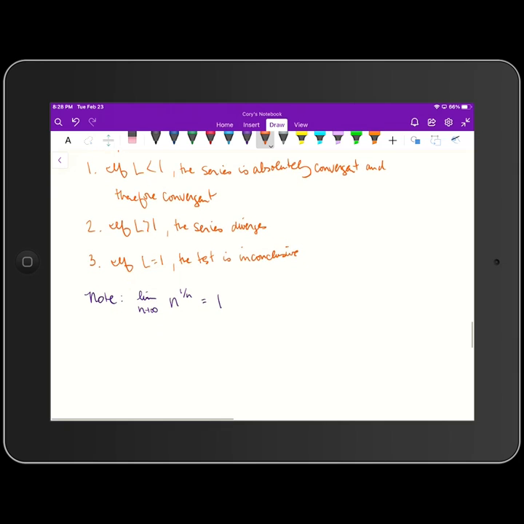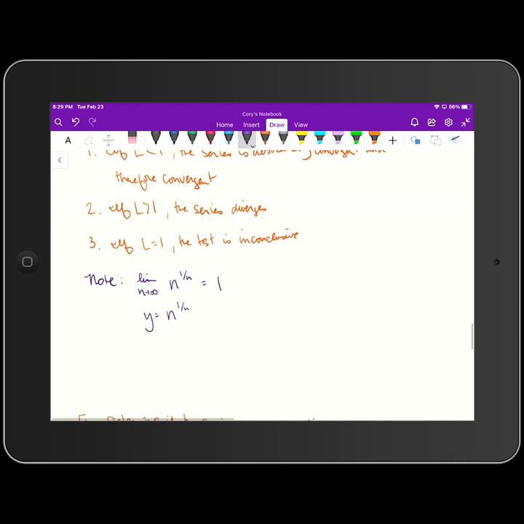Let's say, for example, we set y equal to n raised to the 1 over n power. And we want to take the limit as n goes to infinity of that equation. So I'm going to apply the limit as n goes to infinity to both sides. The limit of y is equal to the limit as n goes to infinity of n raised to the 1 over n power.